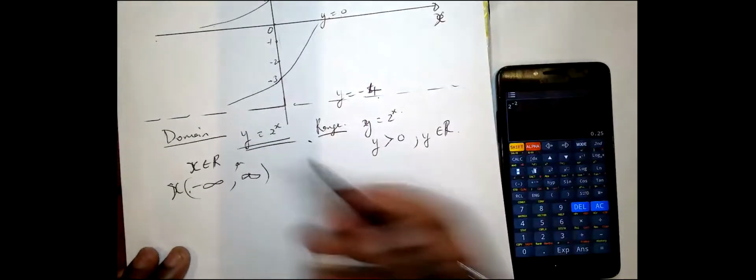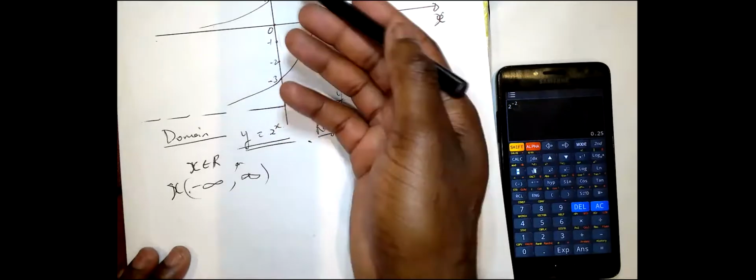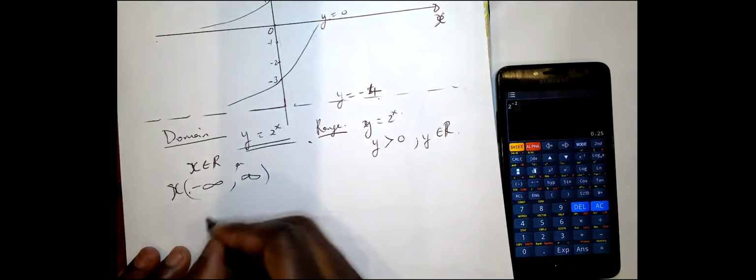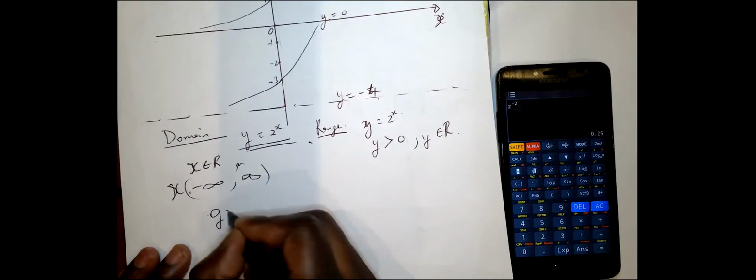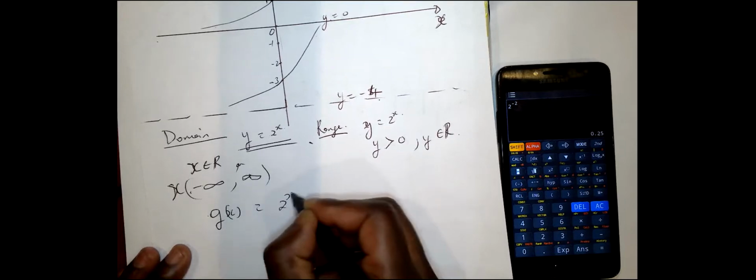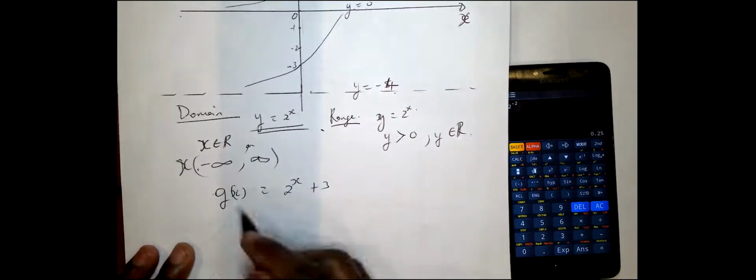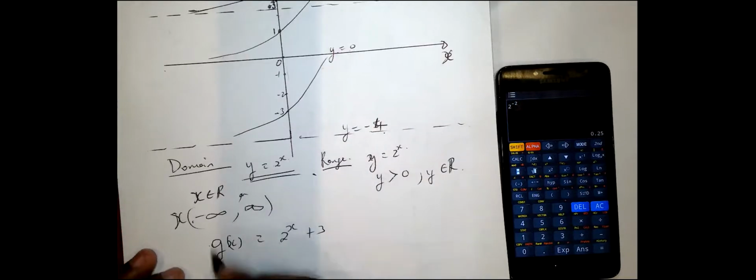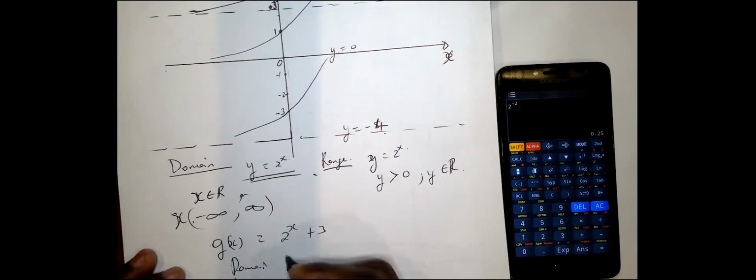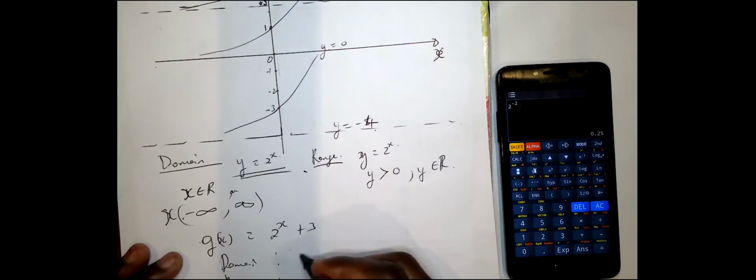So you know that's how you write your domain. And we just want to give an example here for the domain and range for g(x) equals 2 to the power of x plus 3, okay? In this case here, what is our domain? Now, for the domain, we know that x is an element of real numbers, no matter what, okay? It can occupy any value.